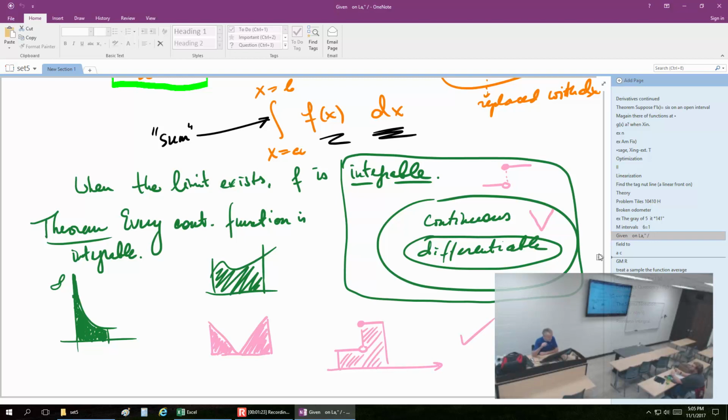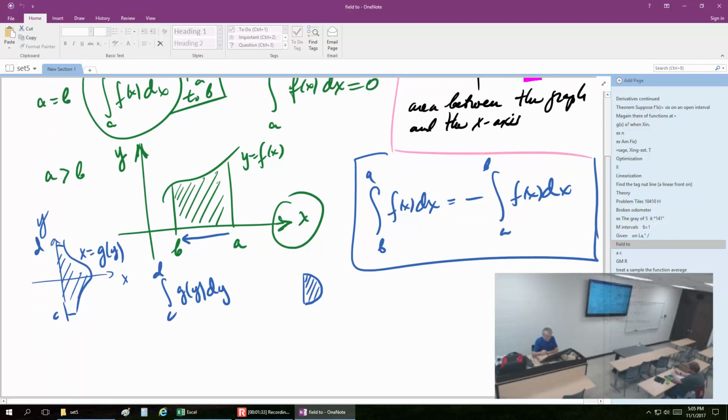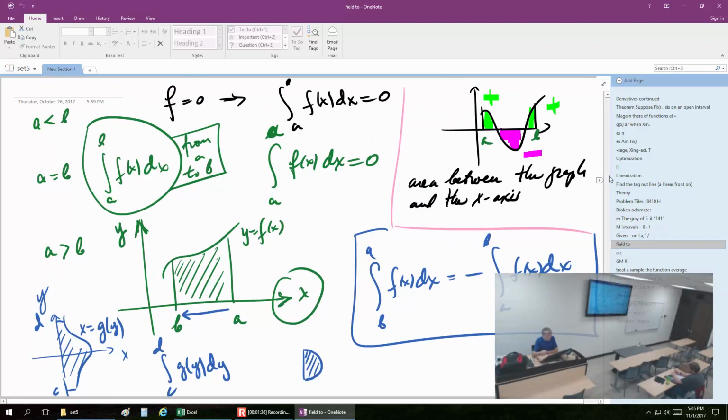Then we discussed integrability, which follows from continuity. Every continuous function is integrable, but some functions, such as step functions, are also integrable. Then we turned to definite integrals, and specifically some of the properties.